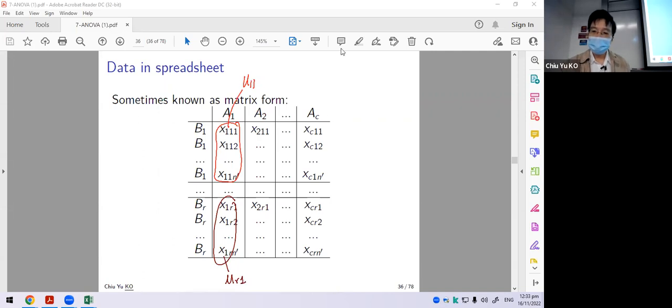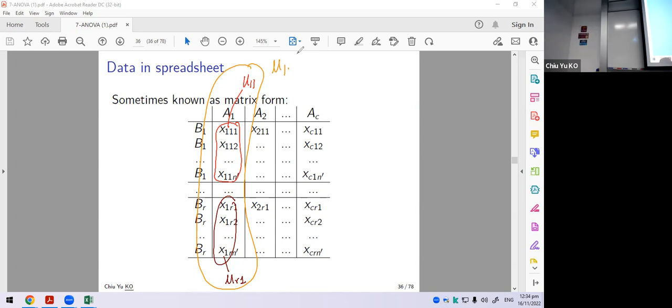What that means here is this whole column will give you mu 1 dot. So you calculate each data, and for each data, the average is this mu 1. Is that clear?